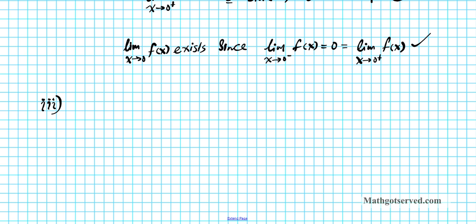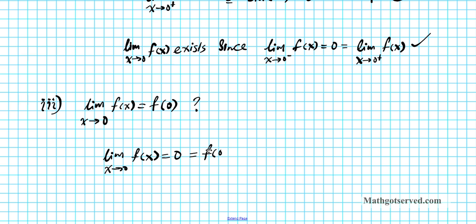All right, let's subject it to test number 3. And the question is, is the limit as x approaches 0 of the function equal to the value of the function at the specified a value, which is 0? Is this the case? Well, the answer is yes, because the limit as x approaches 0 of the function was equal to 0, right? We just determined that, and that is also equal to the value of the function at 0.